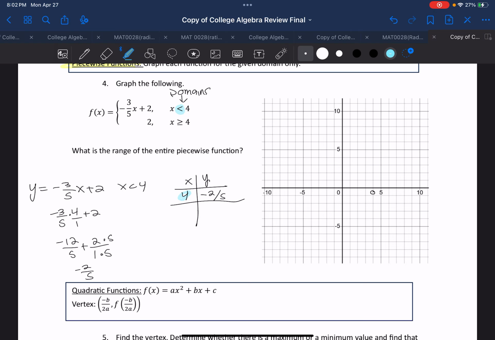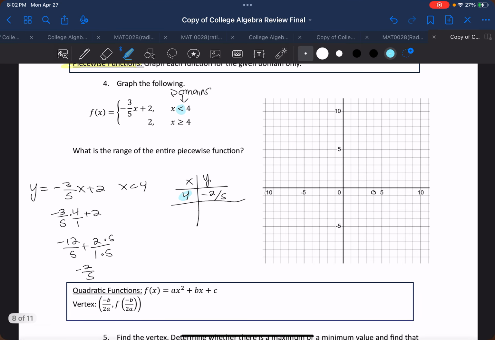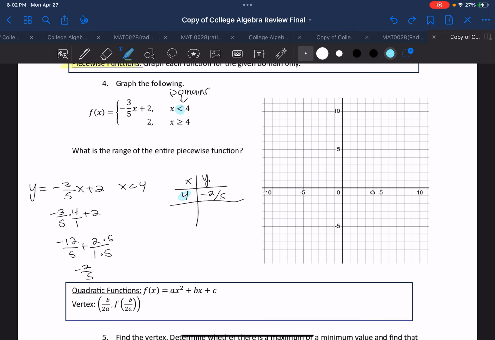And then I have to pick a value less than 4 because I need to go towards the left because of that domain. So I could pick 0. That's an easy number to choose. And if I plug 0 into there, I would get 2. That's my y-intercept. So that point would be right here. 0 is in that domain.